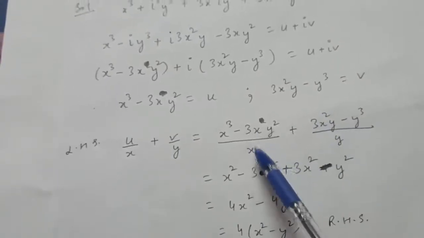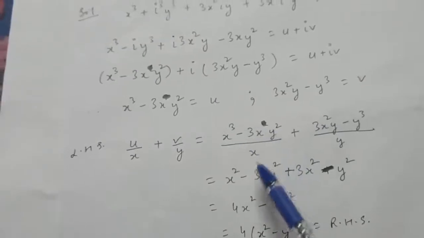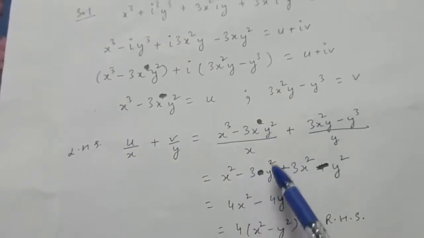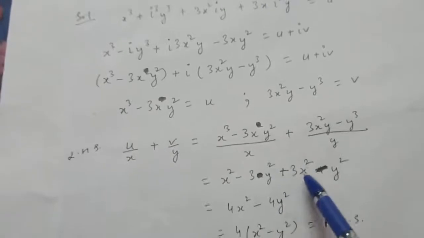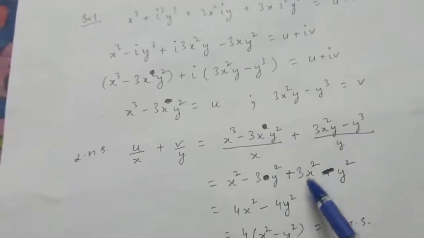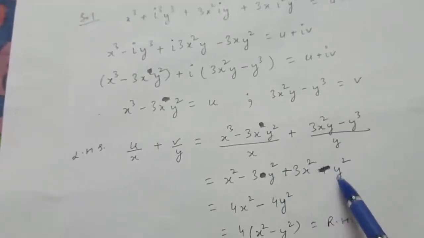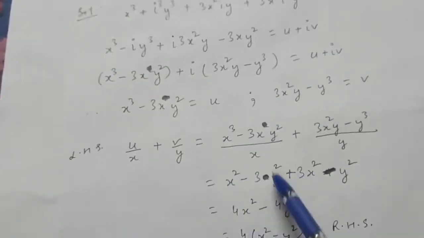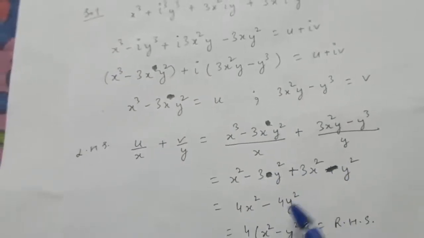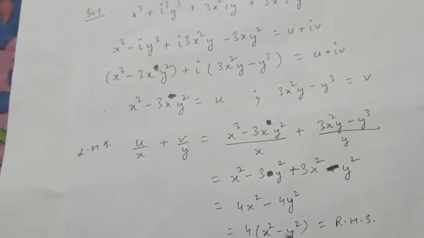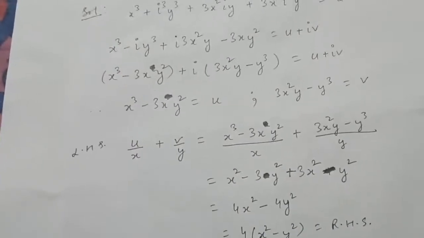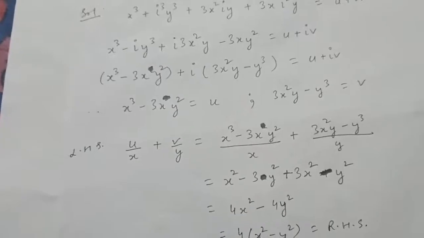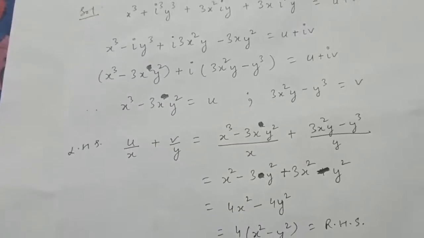So divide this numerator by x, you will get x square minus 3y square, plus divide this by y, so you will get 3x square minus y square. Now this will be 4x square and this will be minus 4y square. So take out 4 common, you will get inside the bracket x square minus y square, which is equal to the right hand side. Clear?